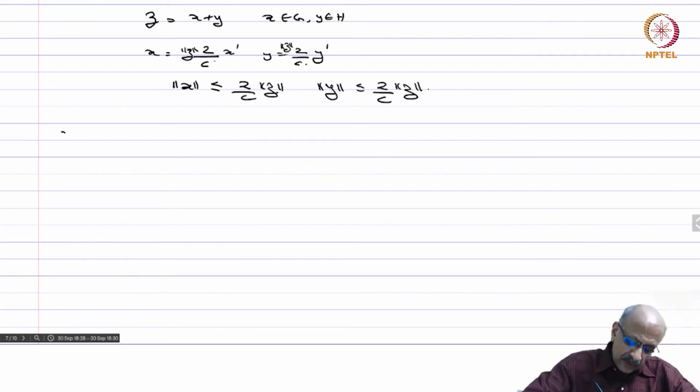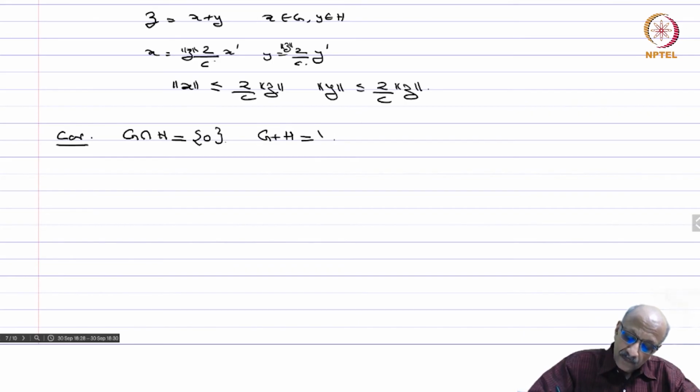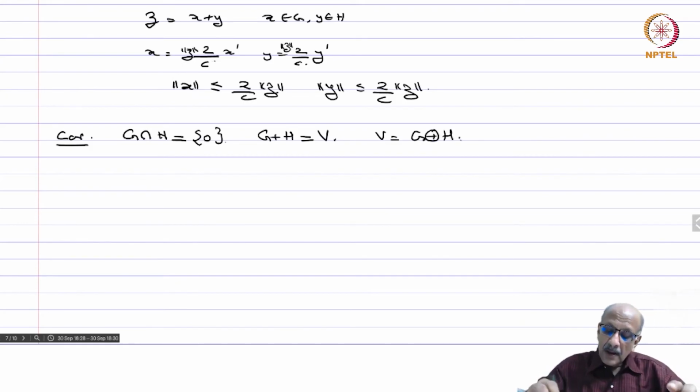So now, a corollary to this: let us say G intersection H is the singleton 0 and G plus H is closed. In particular, let us say G plus H is equal to V. Then you have V equals G direct sum H. But in this case, the decomposition is unique.